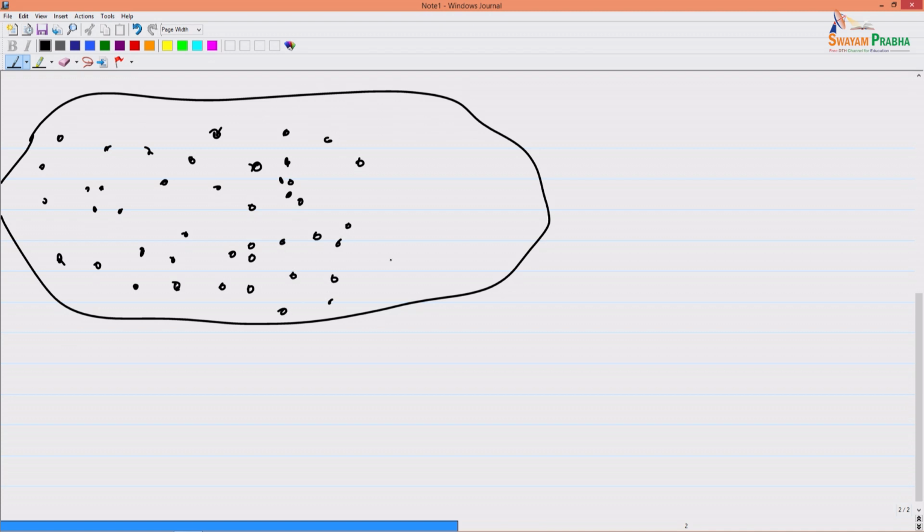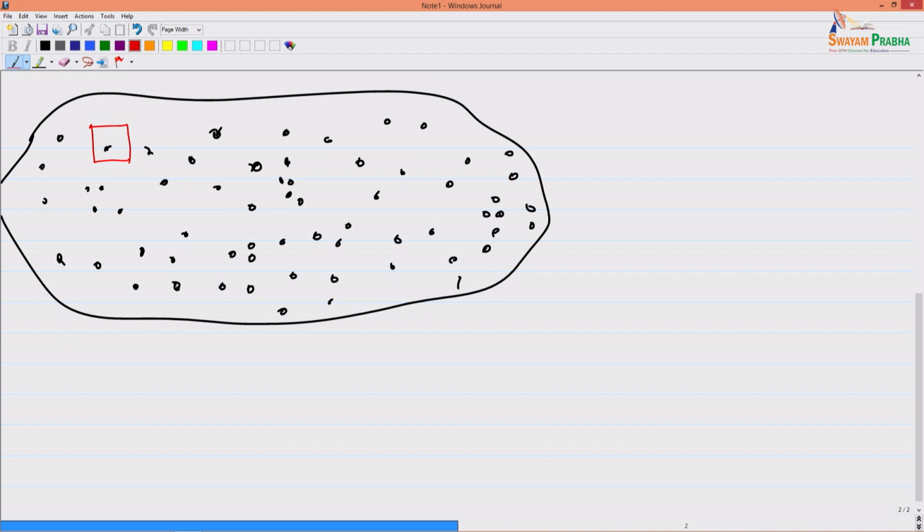Say these are all molecules in a gas, and so on. Now, what sort of size of a volume should I choose? I could choose a volume like this much, just like that.